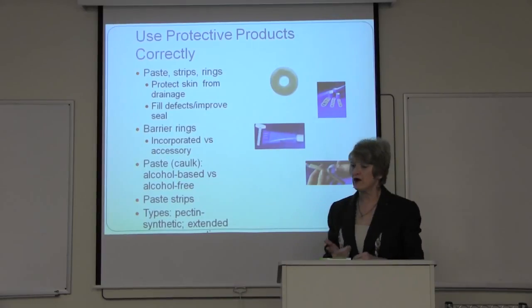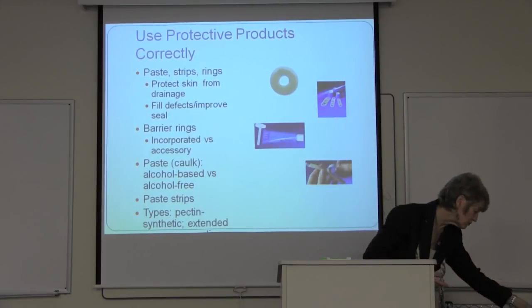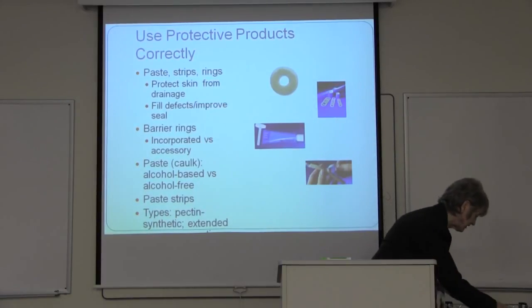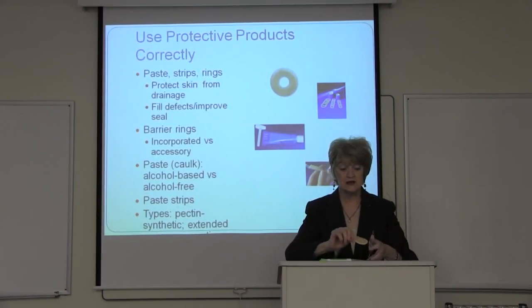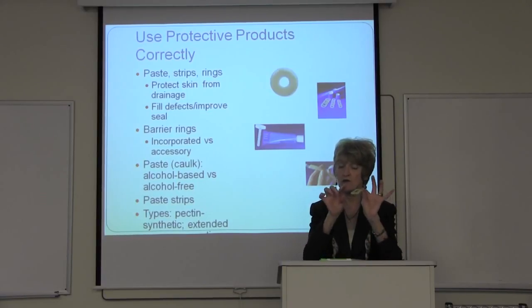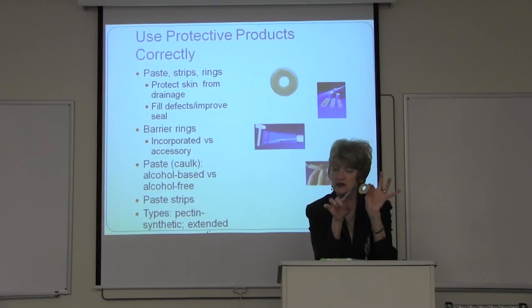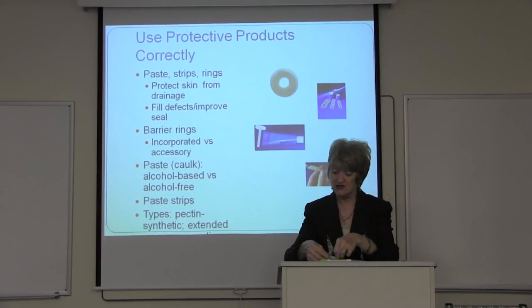The other thing that barrier products do, because they're very soft and moldable, and I'm just going to show you some different things right now. So your paste and your barrier rings and your paste strips, because they're very soft and moldable, you can use them to fill little defects in the peristomal surface to give a flatter pouching surface. Obviously, if you can get a flatter pouching surface, you're going to get a better seal.